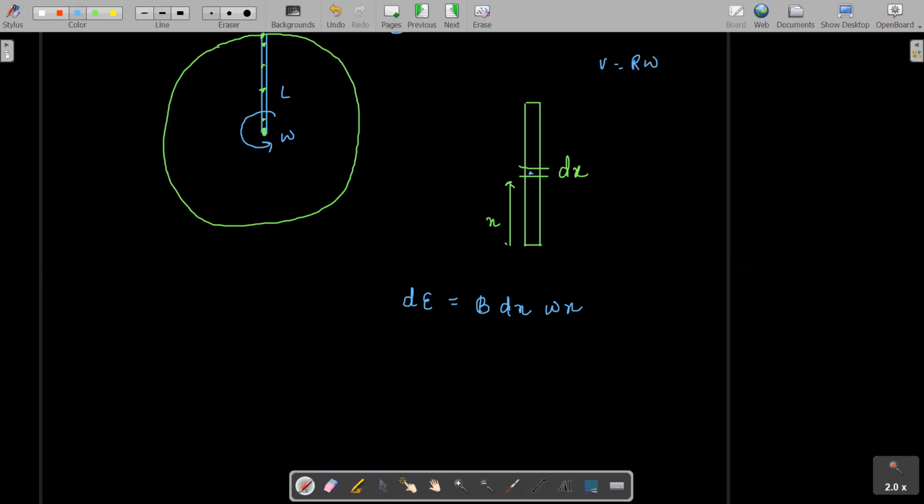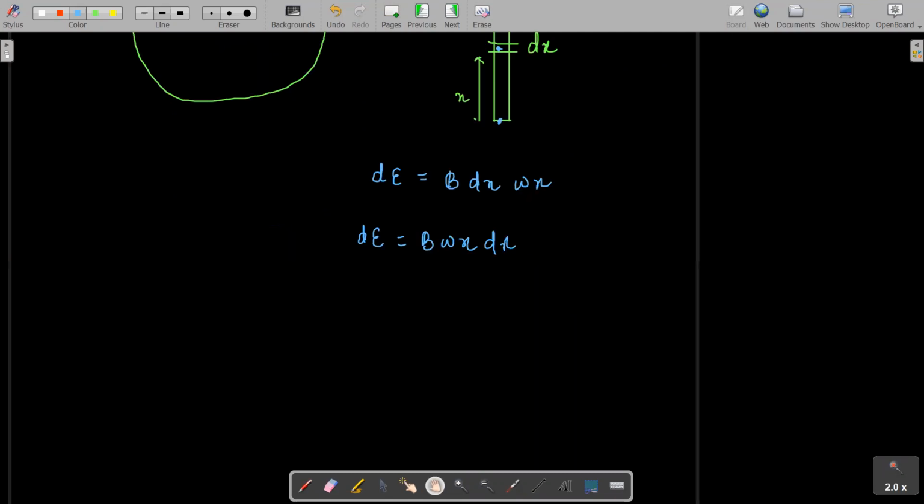So at a distance x from the center, the velocity will be omega into x. So the value of dE is B dx omega x. This is the small EMF induced, so I'll write it like this: B omega x dx.